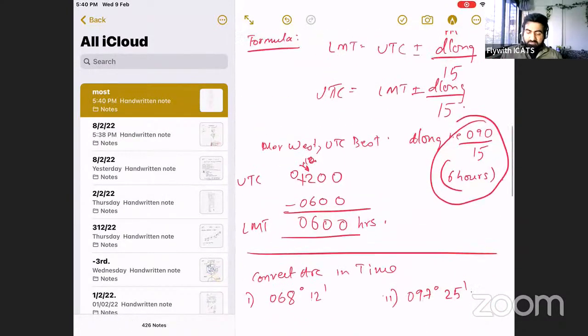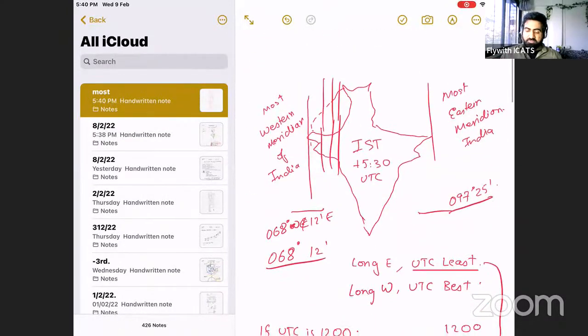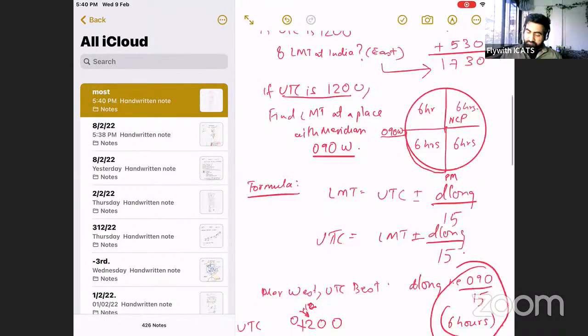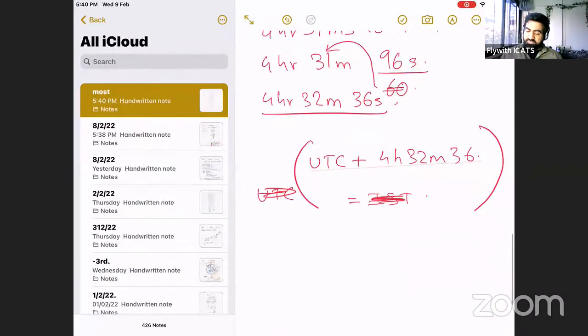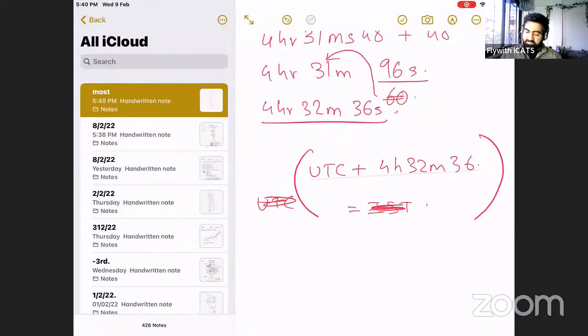This is the actual local mean time for the most western part of our country. What are we taking, students? For IST, we are taking UTC plus 5 hours, 30 minutes. So the difference is 1 hour between our IST and that local meridian time, which is for the most western part of our country.